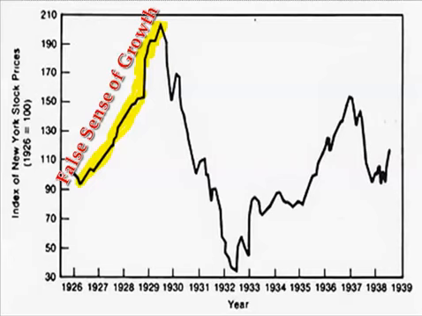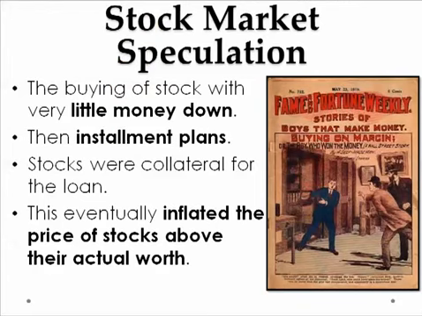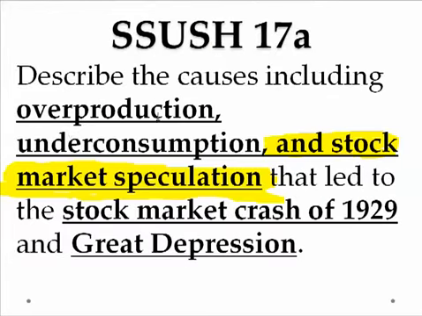All right, so that's the three causes we talked about: overproduction, underconsumption, stock market speculation, the stock market crash of 1929, and how it caused the Great Depression. I think we've met our burden here, and we'll return with another video in a moment.